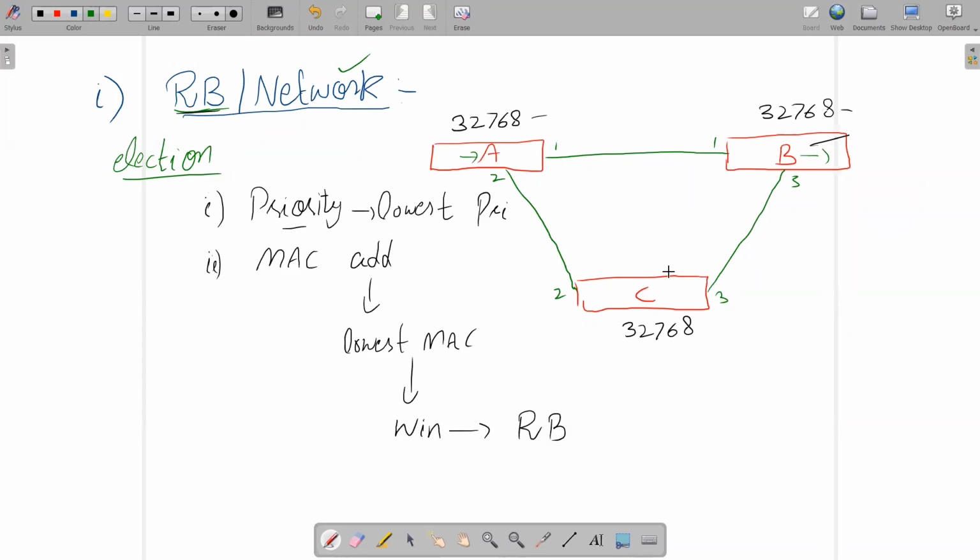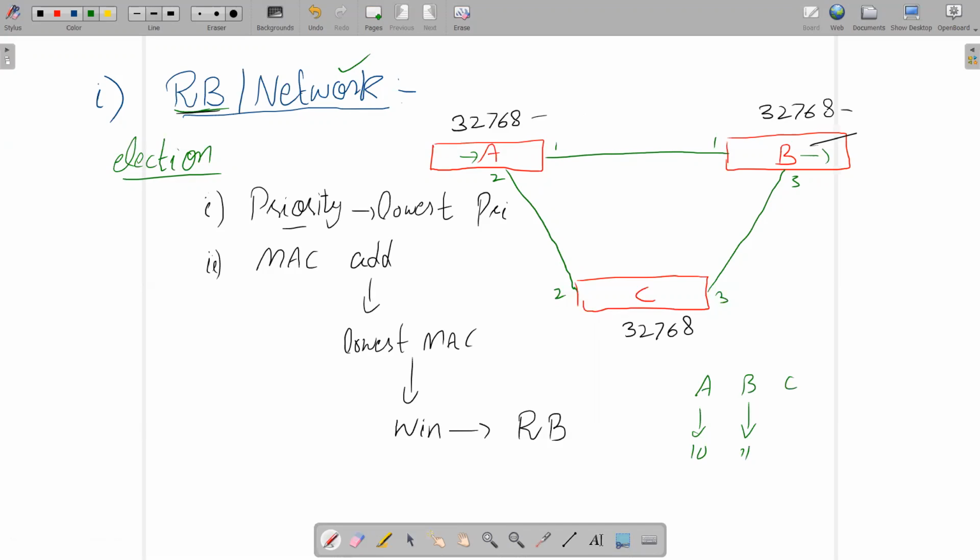So tell me, which switch has the lowest MAC address? Switch A.